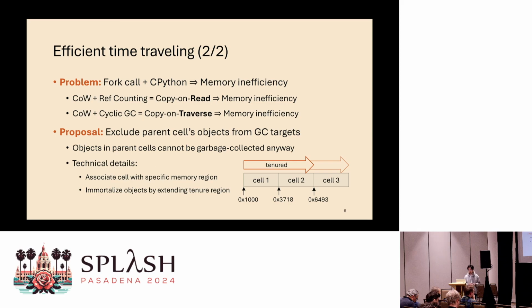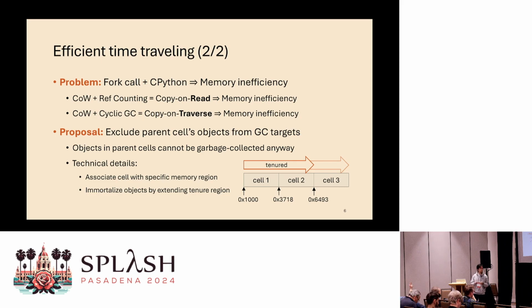For this immortalization of objects, we developed a technique to efficiently immortalize objects. Our notebook kernel associates a cell with a specific memory region and immortalizes objects by extending the tenure region. That's how our kernel immortalizes objects in parent cells.